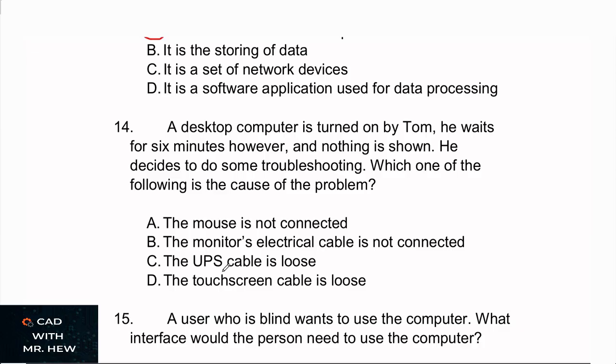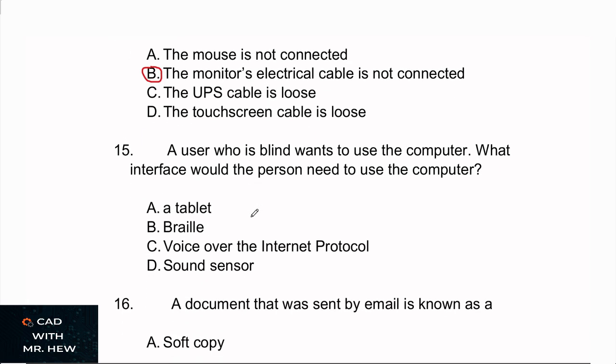C, the UPS cable is loose. D, the touchscreen cable is loose. The correct answer for question 14 is B. All right, let's look at question 15. How many questions did you get right so far?